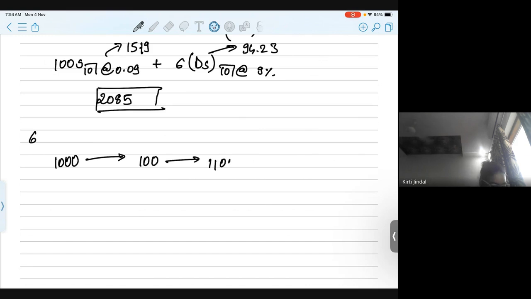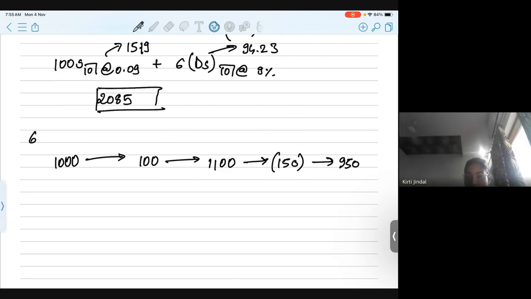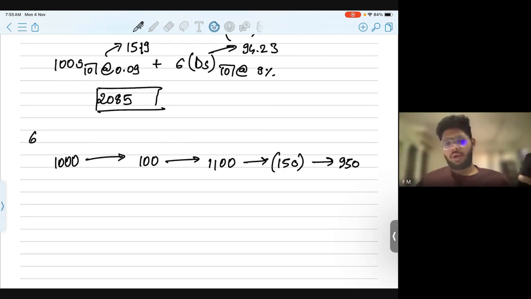Then it will be 900 on which 90 interest, and this other payment would be 135. 135? No. And interest will be on 1100. No, you are repaying, no?